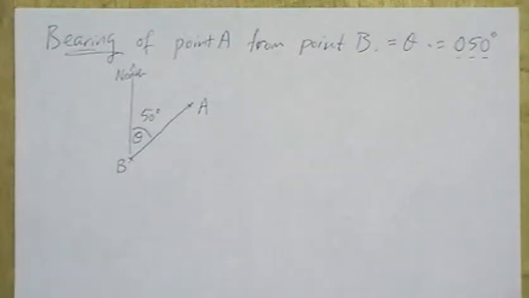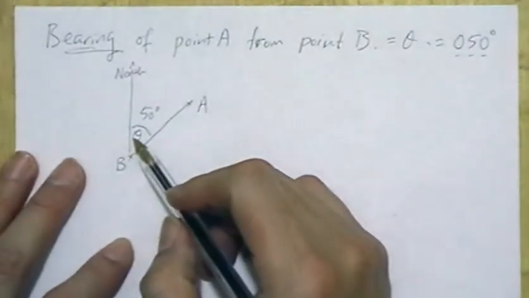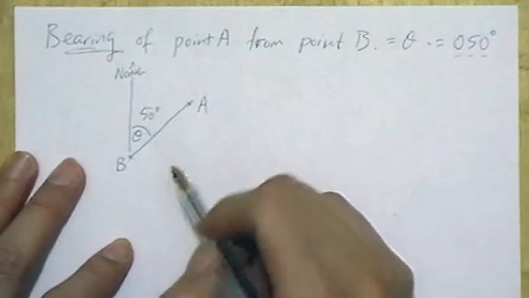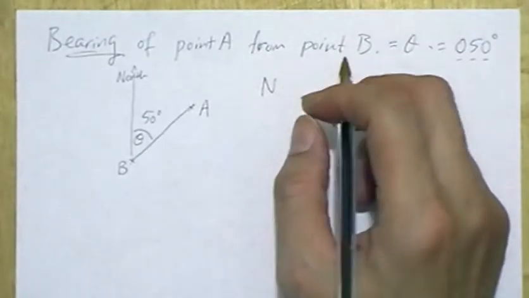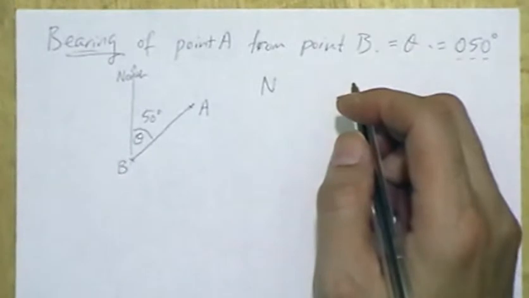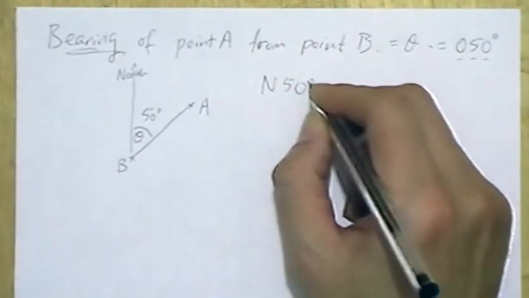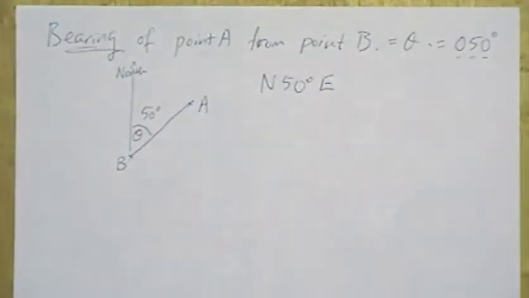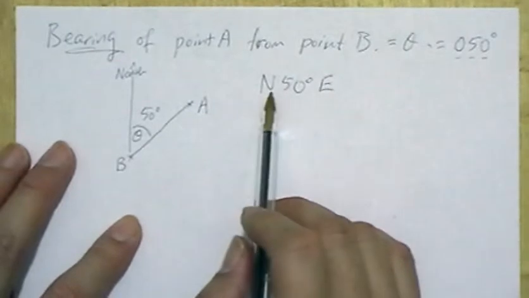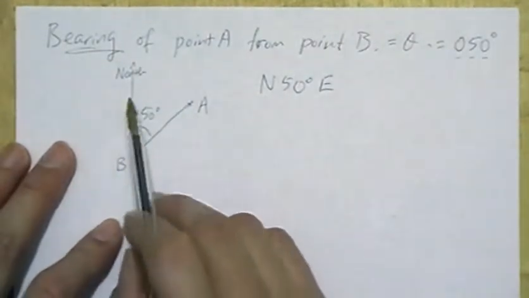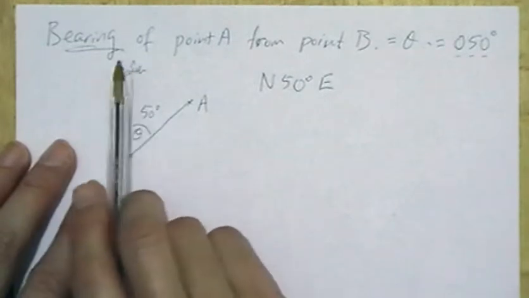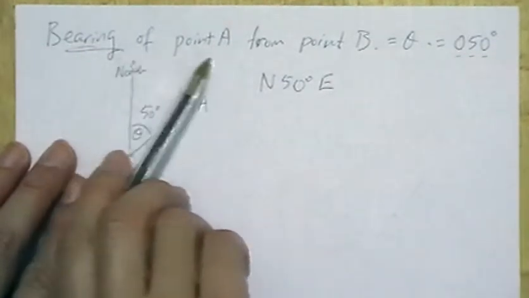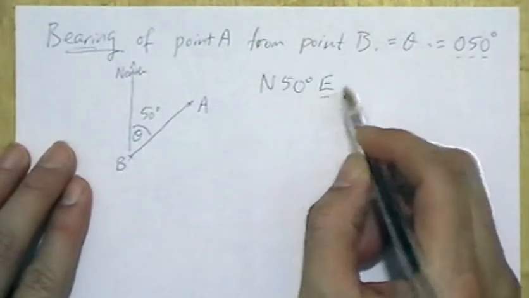Another way to describe the bearing is to write it in this form: N 50 degrees E. What this means is that we start by thinking about the direction to the north, and then we imagine rotating the direction towards the east.